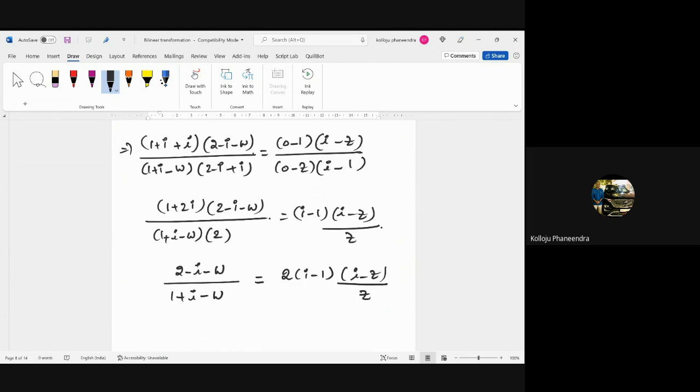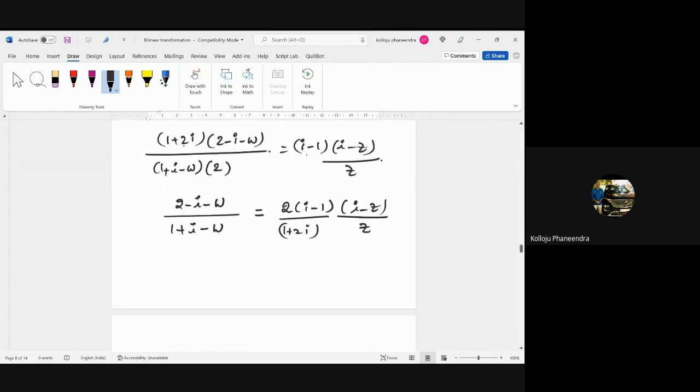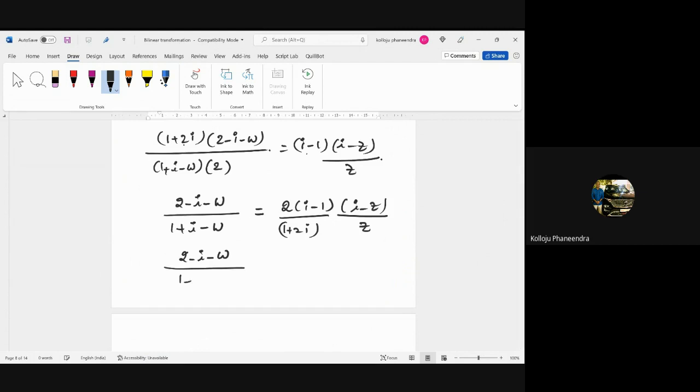What are the terms here? I will get 1 plus 2I. Is it correct? 2 comes here and 1 plus 2I comes here. Done? Okay. Now this is 2 minus I minus W by 1 plus I minus W equal to, let us rationalize this. If I rationalize this, what will I get?